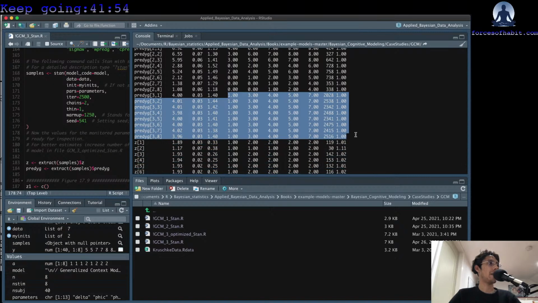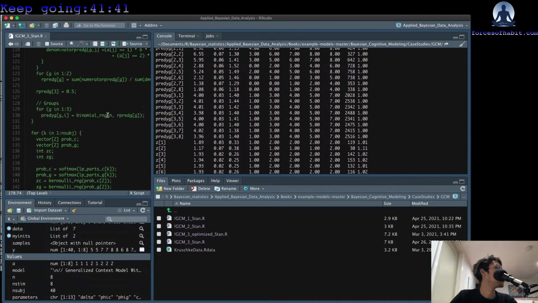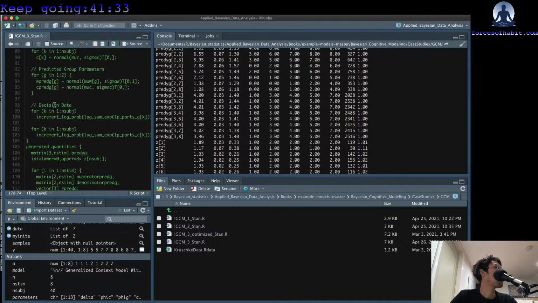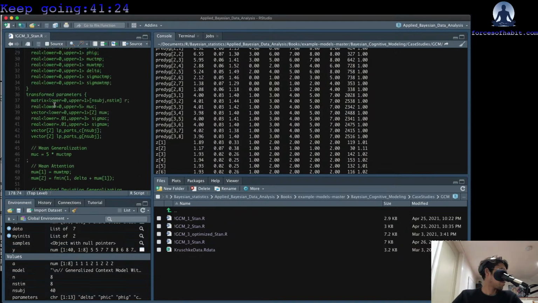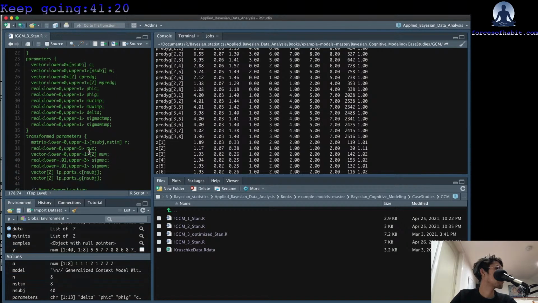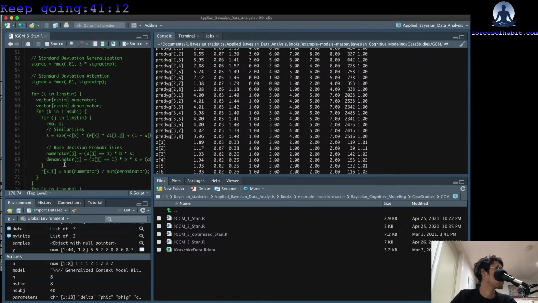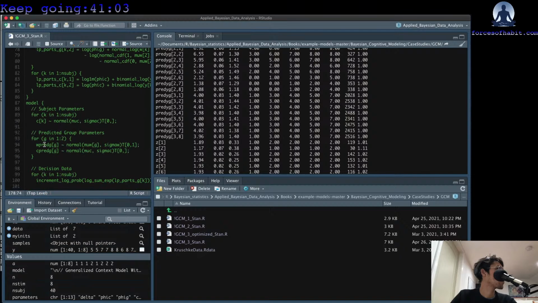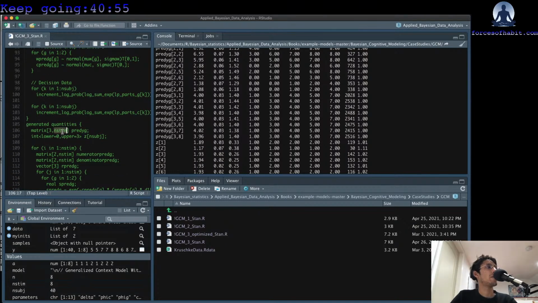It makes sense that all these are contaminant subjects. So let's see, pretty Y, G. Matrix 3.